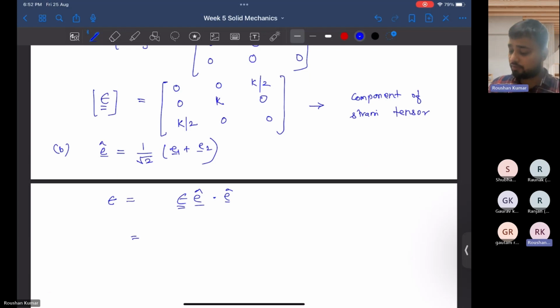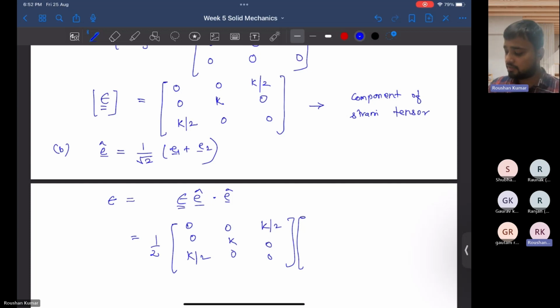In component form it can be written as the matrix 0 0 k by 2, 0 k 0, k by 2 0 0, multiplied with E hat and then dotted with E hat. So 1 by root 2 times 1 by root 2 becomes 1 by 2, and the E1 and E2 components are 1, 1, 0, which is dotted with again 1, 1, 0.